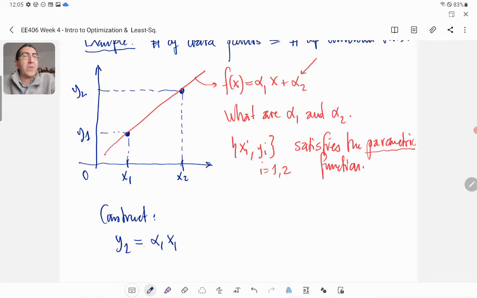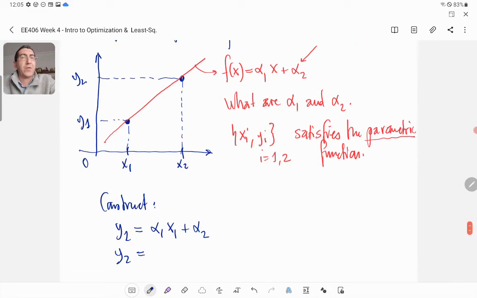And the second point also needs to satisfy the parametric form, so y2 needs to be equal to the same alpha 1 times, this time x2, plus alpha 2. So these two equations need to be satisfied for this line.